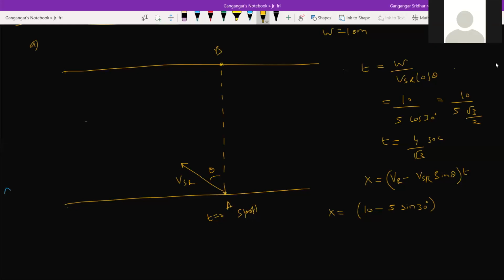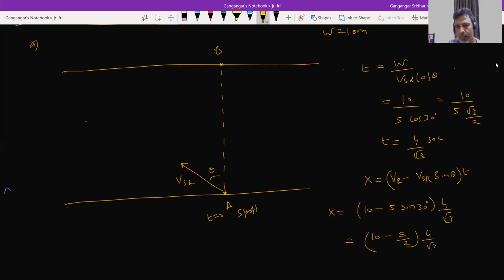So what is the time taken? 4 by root 3. So this will be 10 minus 5 by 2, times 4 by root 3.